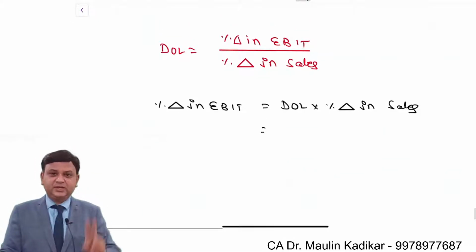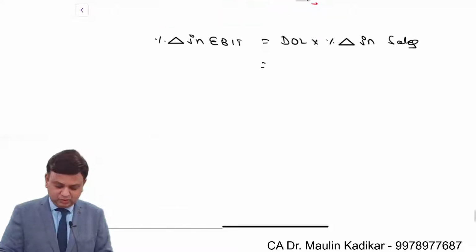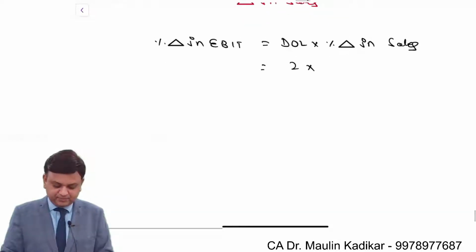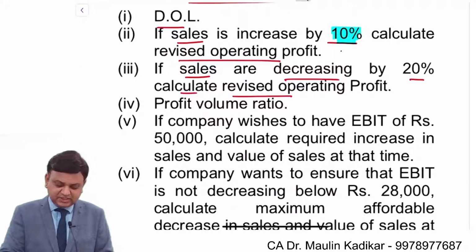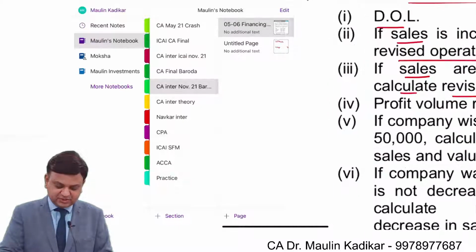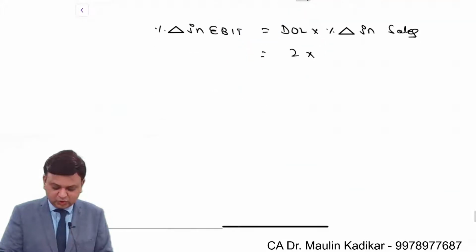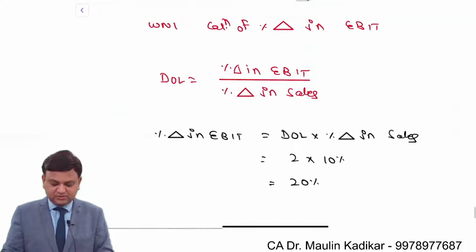What is degree of operating leverage? 2. So 2 into, the question is providing the information that there is an increase in the sales by 10%. So 2 into 10% comes to 20%. This is the first working note.